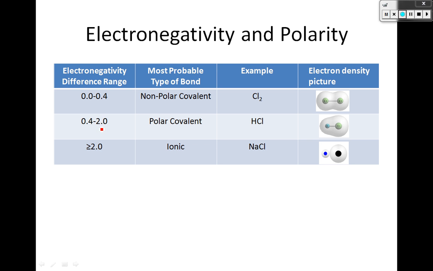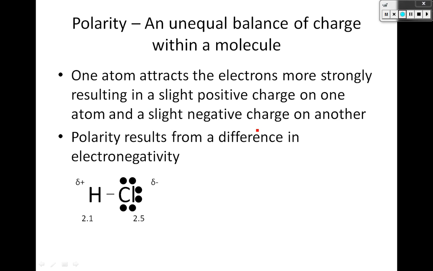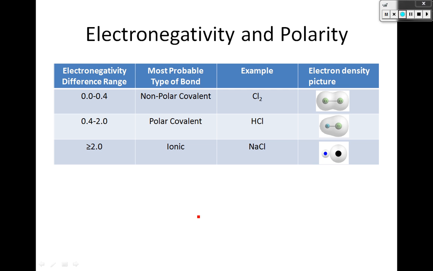Between 0.4 and 2.0, we have polar covalent. So like hydrochloric acid. And in fact, if you remember from the last slide, hydrochloric acid's difference is 0.4. So it's really right on the border. It is slightly polar. It is polar, but only slightly so. And so you can see in this picture, the electrons are pulled a little more towards the chlorine than towards the hydrogen.